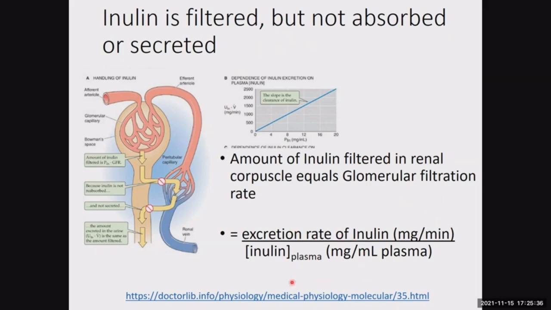In doing so, we can come up with the filtration rate of the inulin. Because the filtration rate of inulin is equal to the glomerular filtration rate, this gives us a very good measure of the activity level within the kidneys. Again, we'll have an example of this in the questions in lab this week.